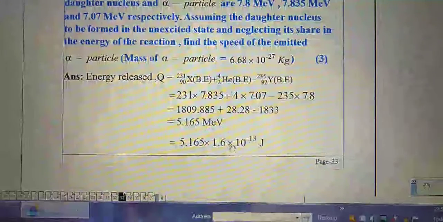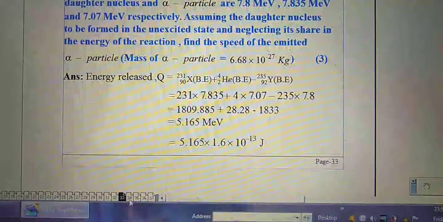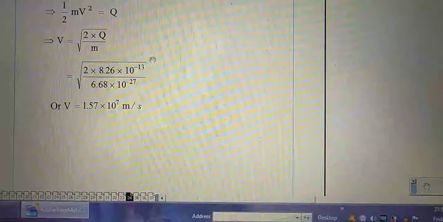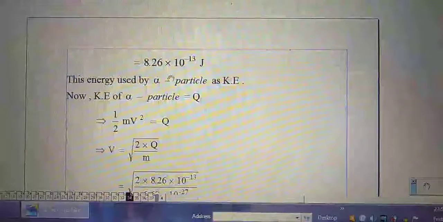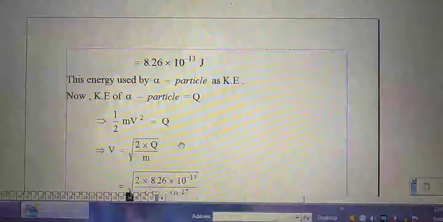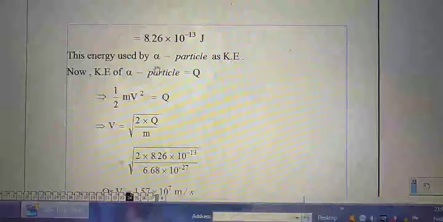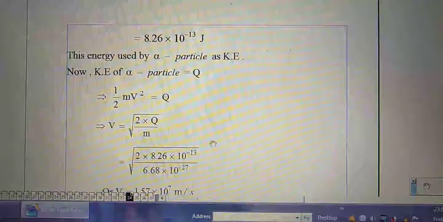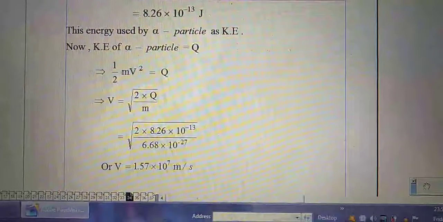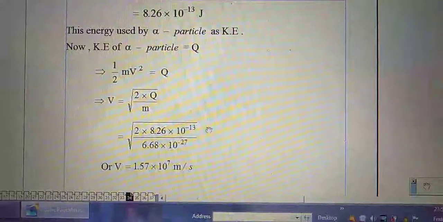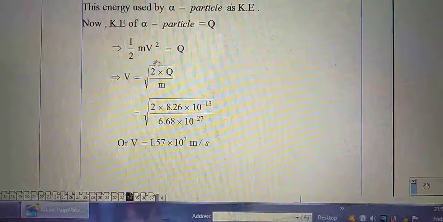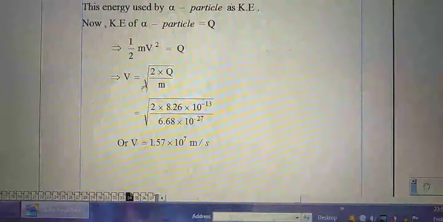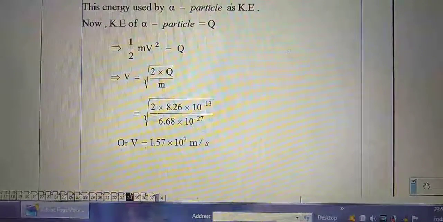After calculation, how much did you get? The value of Q is 8.26 into 10 to the power minus 13 joule. The energy is used by the alpha particle as kinetic energy. Therefore this kinetic energy should be equal to the value of Q, and kinetic energy is half mv square equal to Q. So v equals root over 2Q by m.